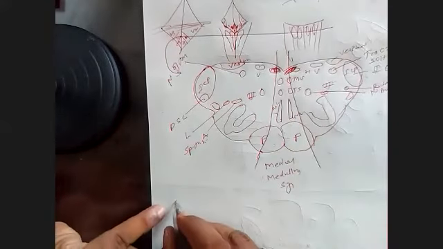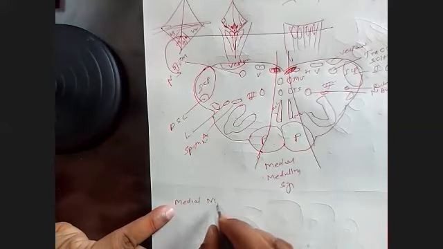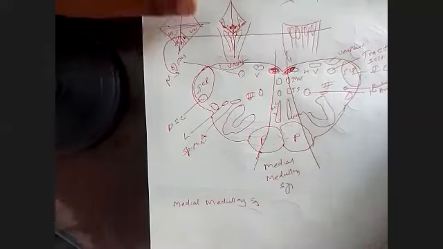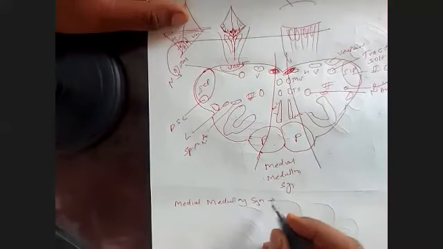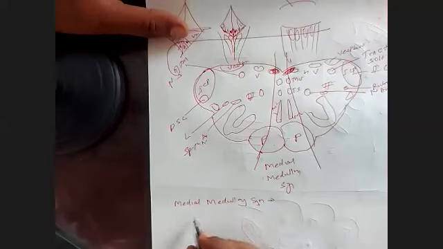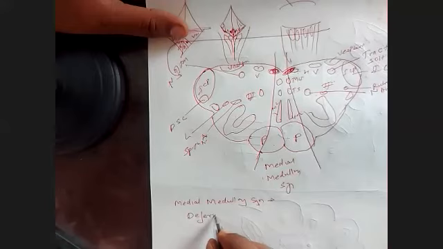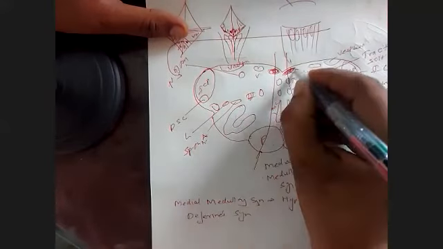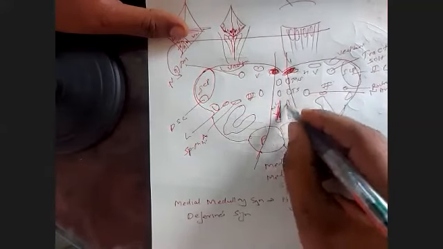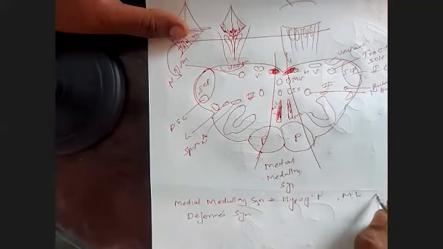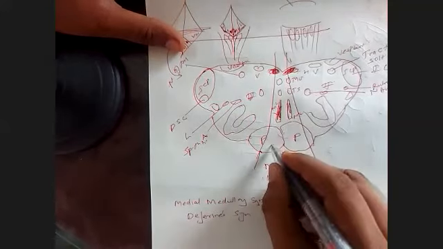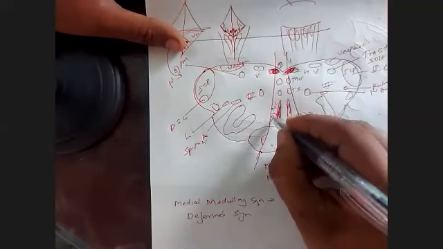It is also called Dejerine's anterior bulbar syndrome or Dejerine syndrome. There will be three structures affected: hypoglossal nucleus, then medial lemniscus, and pyramidal tract. 1, 2, and 3.